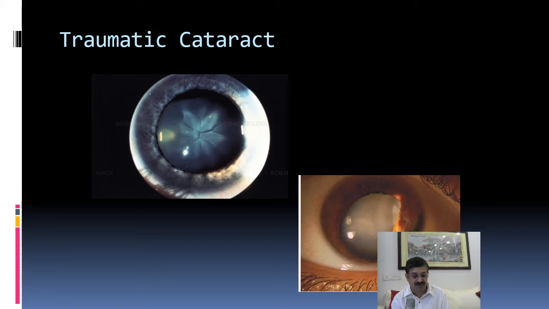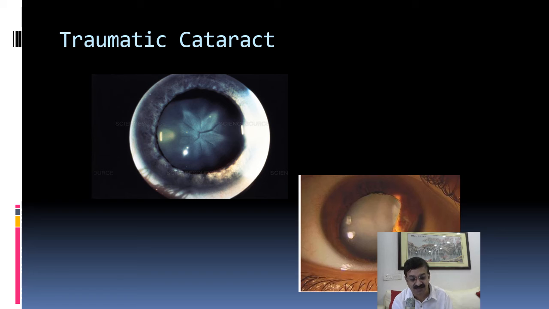Now these are traumatic cataracts. The picture on the left is beautiful. You have a rosette cataract, which is typically associated with trauma. This rosette cataract developed a few days after the eye underwent a trauma. The other picture shows a mature cataract in which there is total opacification of the lens.